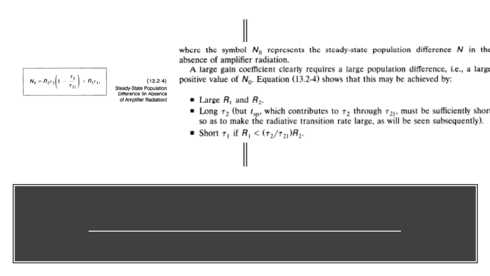A large population difference can be achieved if we have large R2 and small R1, a long tau 2, but the spontaneous emission, which contributes to tau 2 through tau 21, must be sufficiently short so as to make the radiative transition rate large, and a short tau 1. So these are the conditions.